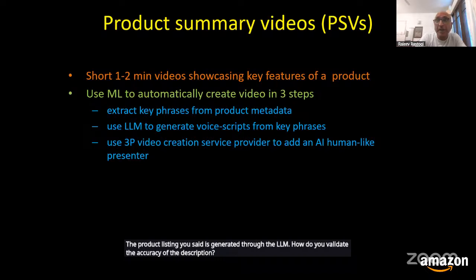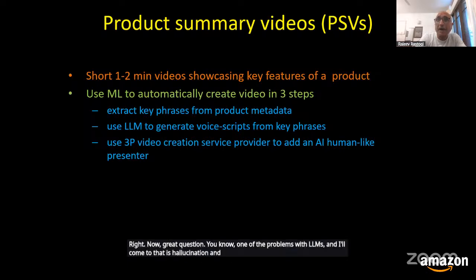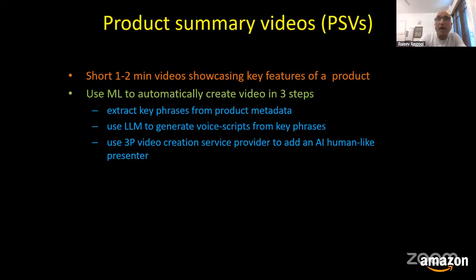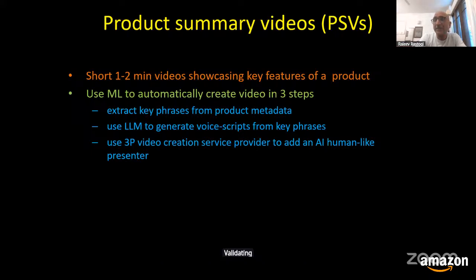Great question. One of the problems with LLMs, and I'll come to that, is hallucination. We have human audits validating the accuracy of the outputs. We have also been automating a lot of these evaluations.